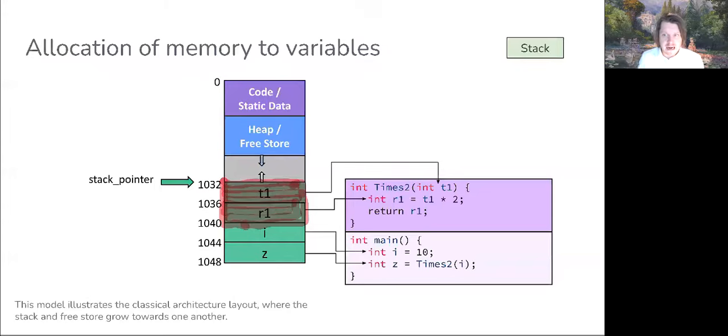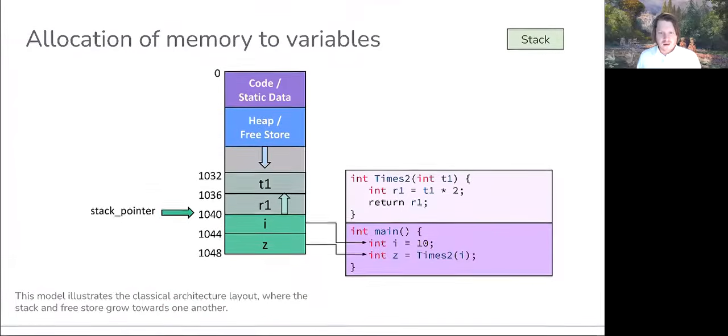So you're able to bind a name local to times 2 to that entity that resides in a different activation record. But notice that's not what we're showing. That was a slight aside just to point out that this block of memory is contiguous. The stack in this case is growing down. And what that means is if times 2's activation record is on top of main's, and you get outside its bounds, you're now into main.